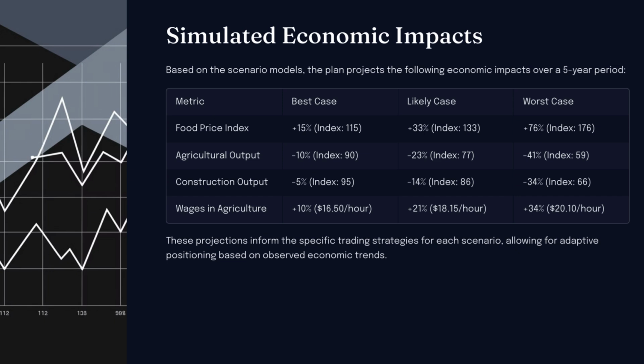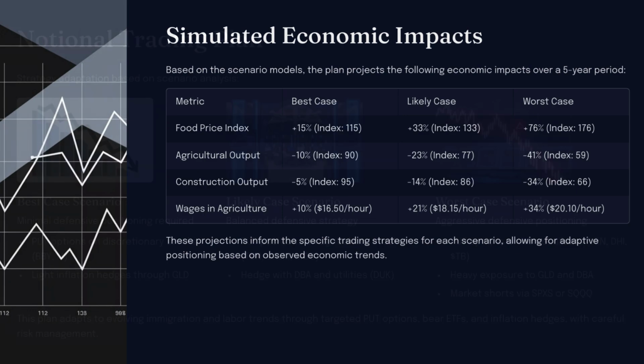Construction output declines range from 5% to 34%. Finally, wages in agriculture. This could increase by up to 34%, further stressing costs across multiple industries. These are not just numbers. They represent structural shifts that influence markets worldwide.